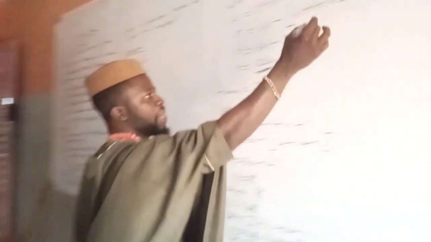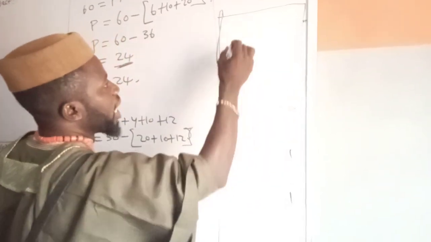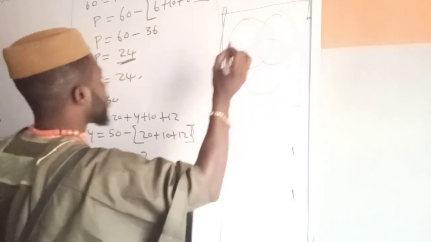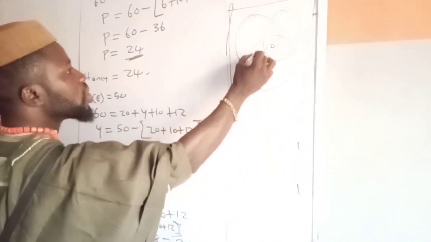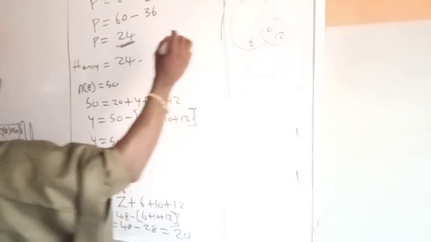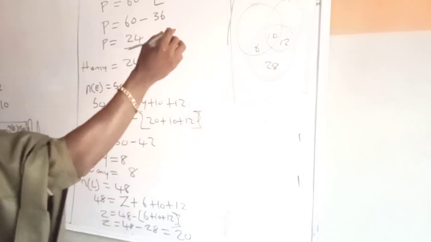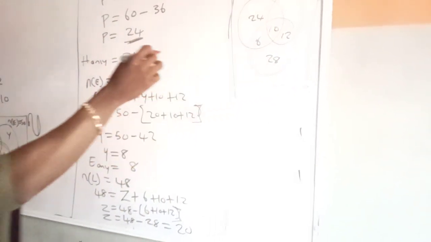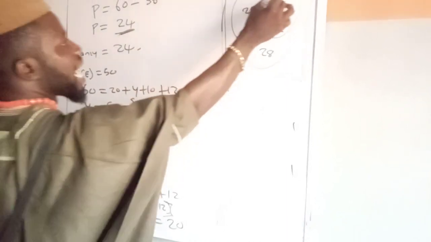Having done that, you can now draw your Venn diagram again. I'll now redraw another Venn diagram. We have this and this. The ones that we know before, we have 10, 6, 12, and this Z is 20. This one, P, is 24. And this Y is 8.